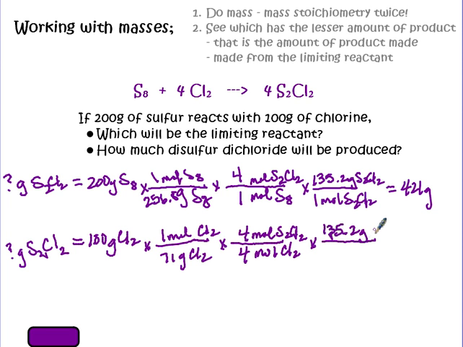Some chemistry teachers and some books in their examples may stop the process at the molar ratio temporarily, have you figure out how many moles of product you're going to make and then just do this step once. I found that sometimes it's a bit easier if you just go ahead, do it twice, and then choose the lesser amount. So that's why I do it this way.